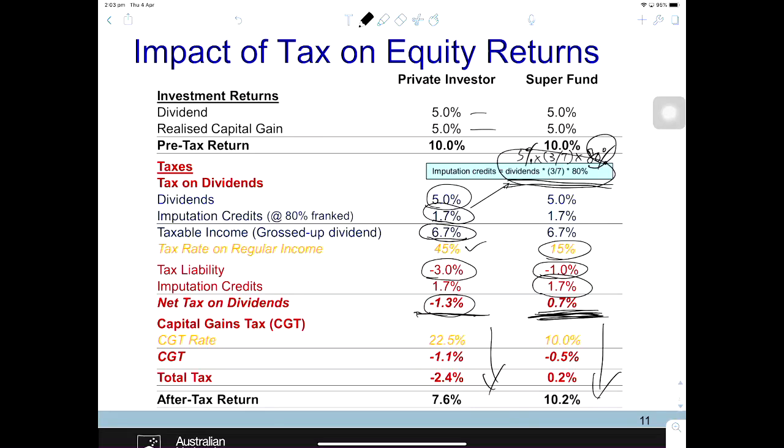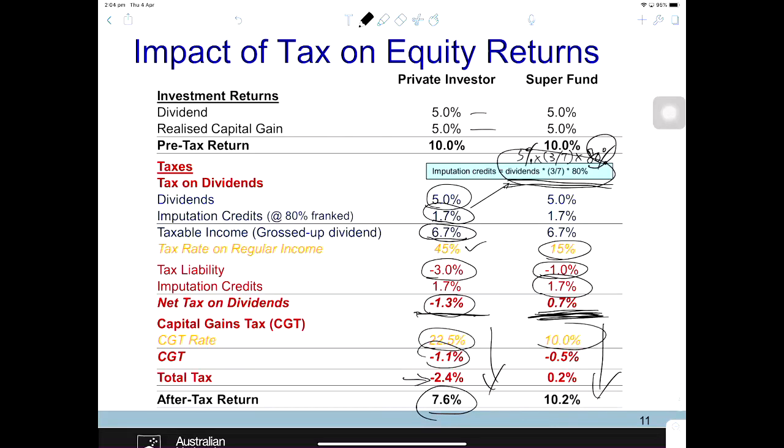So that's the half of the 45%, and you have a capital gain tax liability of 1.1%. For the individual investor, the total tax liability is 2.4%, and the net after-tax return is 7.6%.